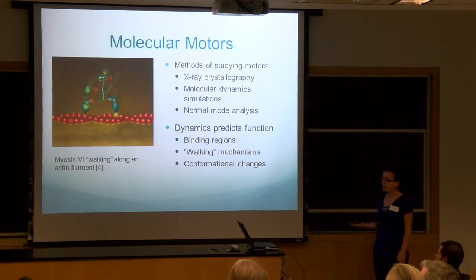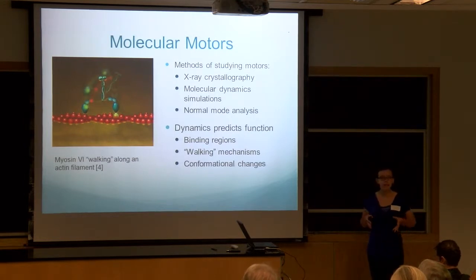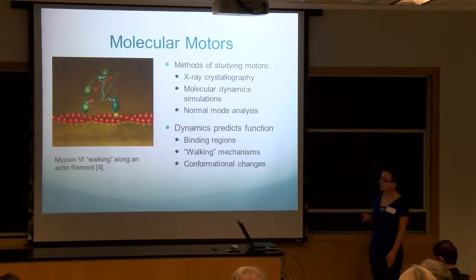There are also molecular dynamics simulations, which we do a lot in our lab, and that takes all the amino acids and subjects them to some sort of force field within a computer simulation and looks at how their positions change and adapt over time. And then there's also normal mode analysis, which I will be talking about in a minute.